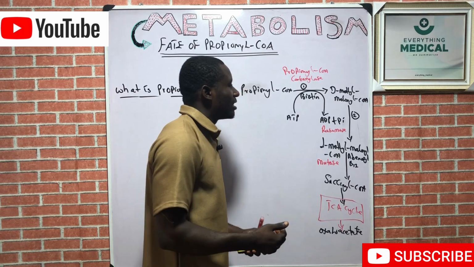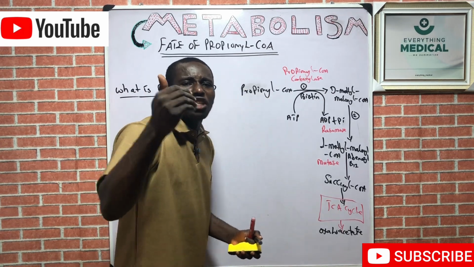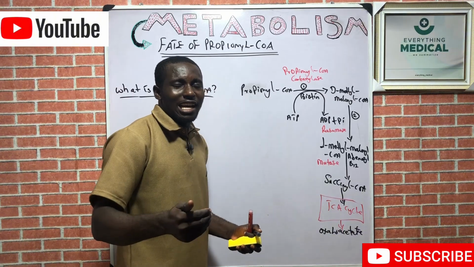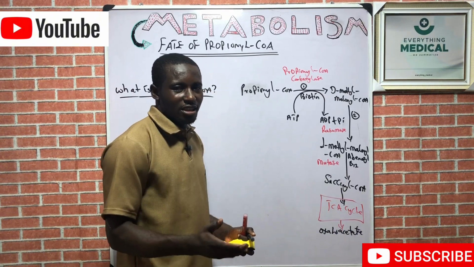Now, why is it that propionyl-CoA is a precursor of gluconeogenesis and acetyl-CoA is not? Here are the reasons.